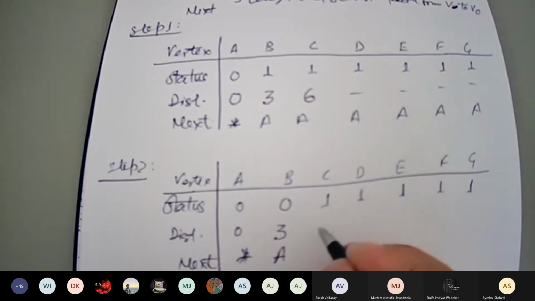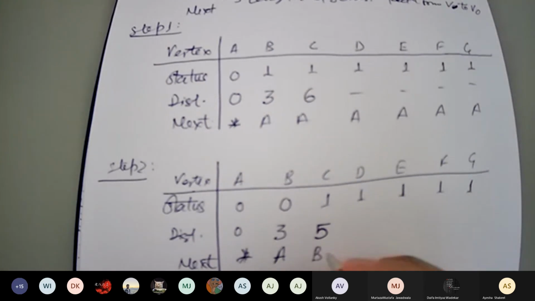So you will write 5, not 2. And from where are you coming? B.